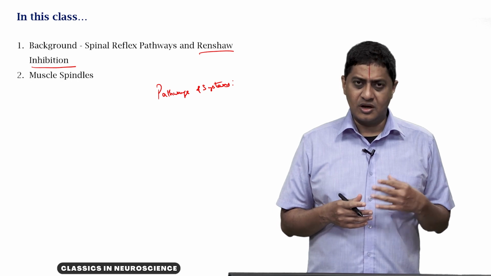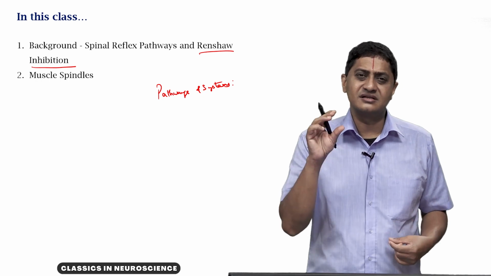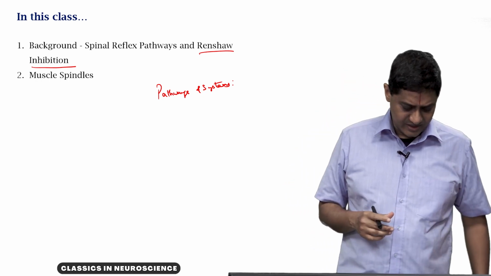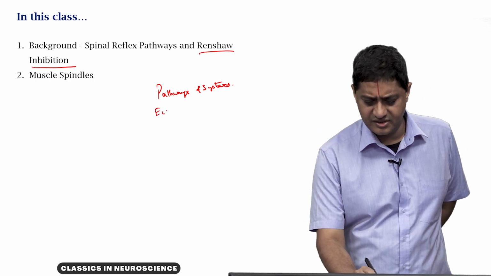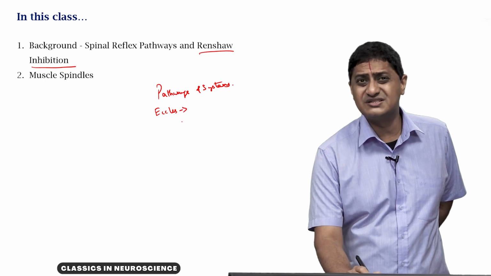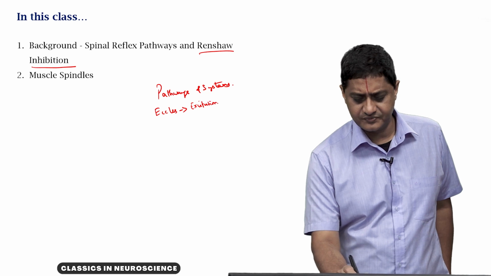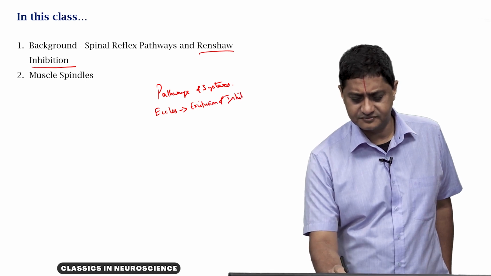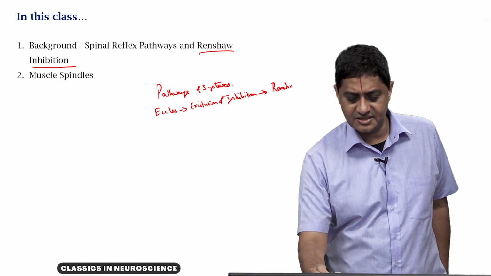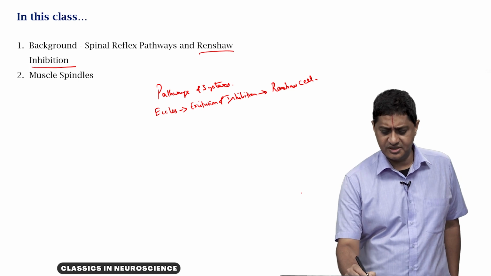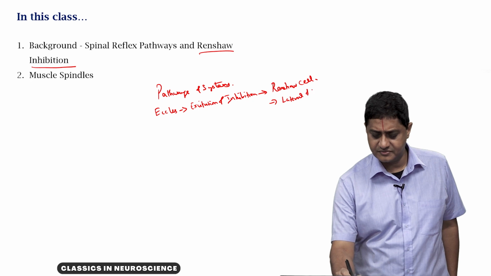How the pathways work is of greater interest than the function of a single neuron. The earliest work started from the lab of Eccles in the spinal cord, where they studied excitation and inhibition, and they identified the Renshaw cell. This Renshaw cell happens to be a very nice model of lateral and recurrent inhibition.